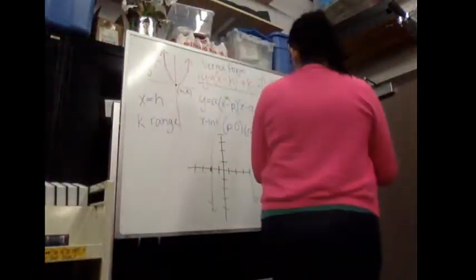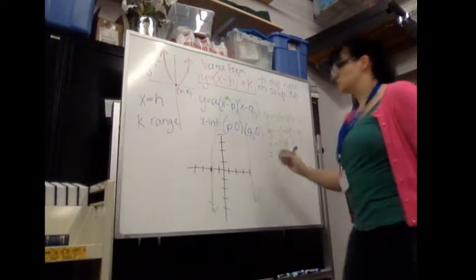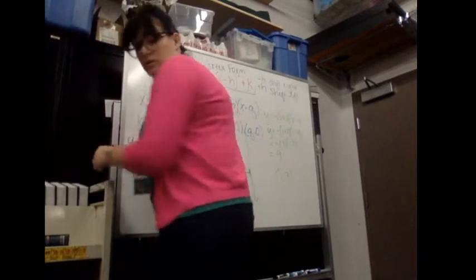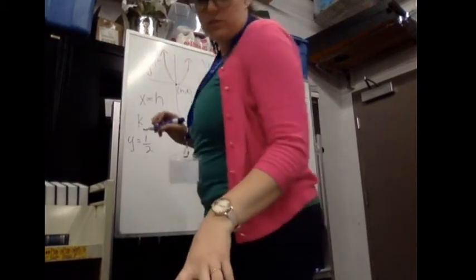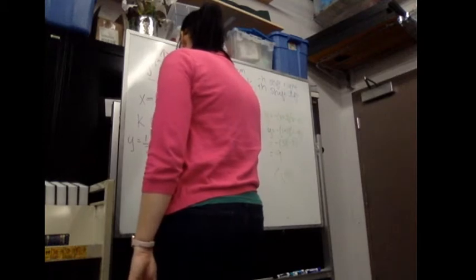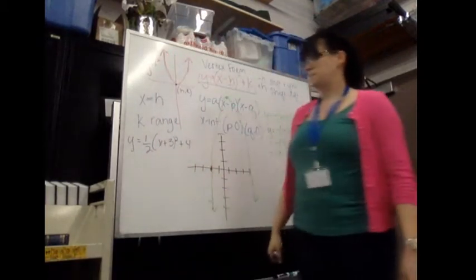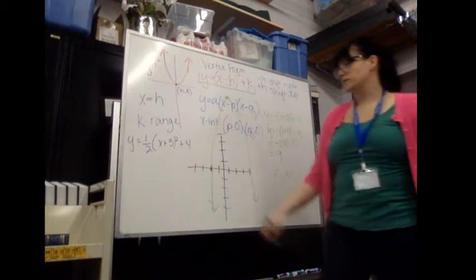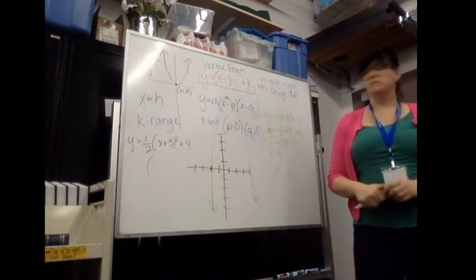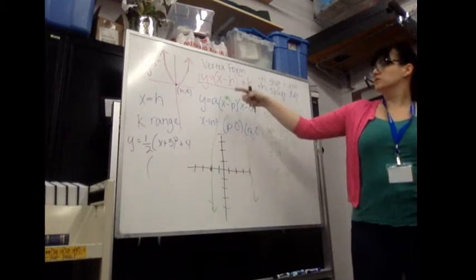Like y equals 1/2 times x plus 3 squared plus 4. Well, my vertex is what? It's h, k. So 3, 4.